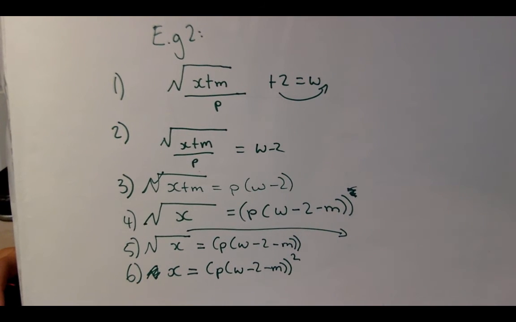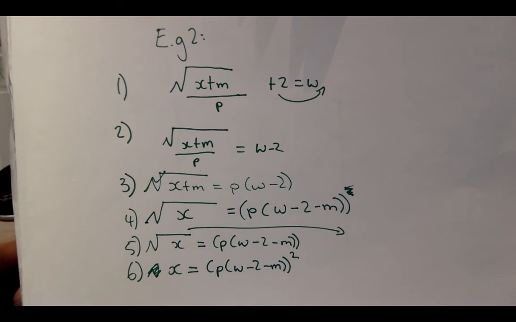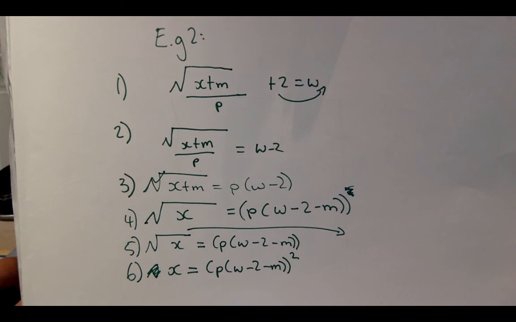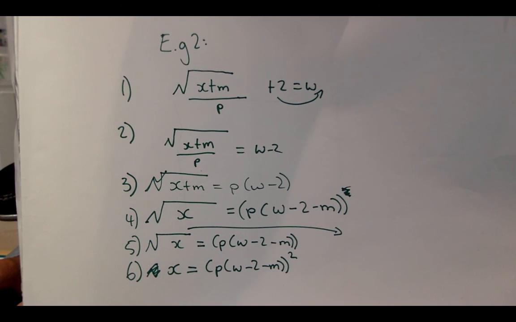Then the second step is moving the p, so now it is square root of x plus m equals p, open brackets, because it was a divide, so you change it to a multiply, so p open brackets w minus 2 close brackets, and then you move the square root over, so the answer is x equals open bracket p open bracket w minus 2 close bracket minus m close bracket squared.